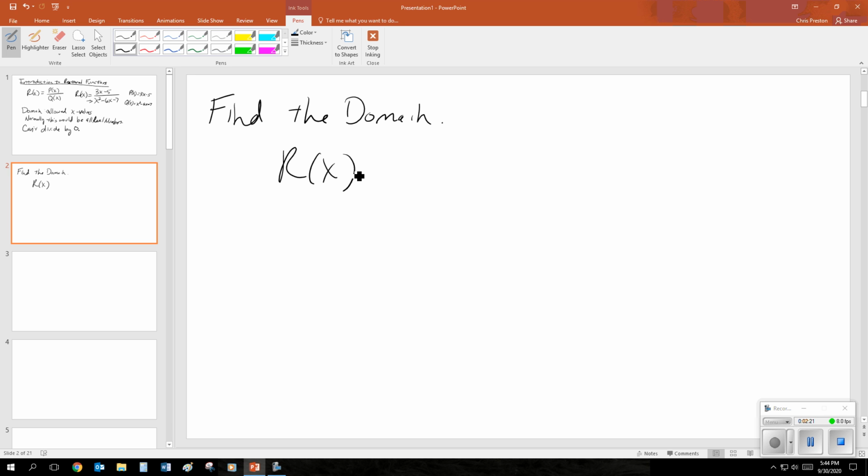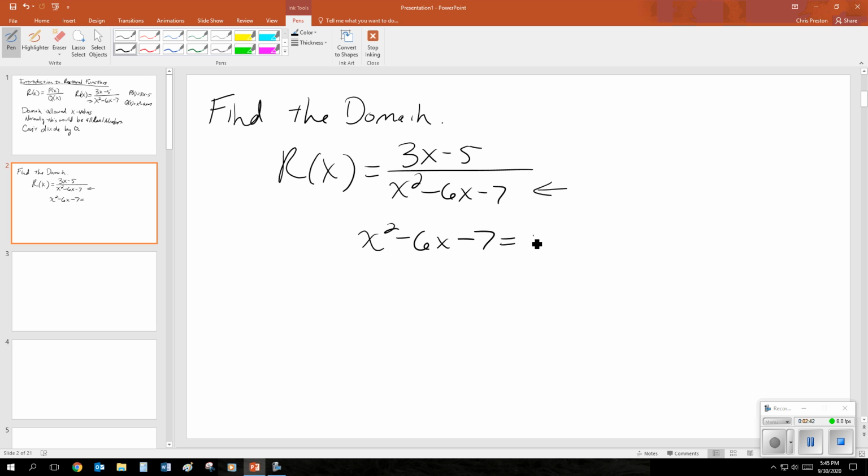R of x equals 3x minus 5 over x squared minus 6x minus 7. And so I run into this rule. Now that I'm looking at a fraction, I have to make sure that the denominator is not 0. So what I need to do is first figure out what would make this denominator 0. What would be the numbers that would cause the problem?